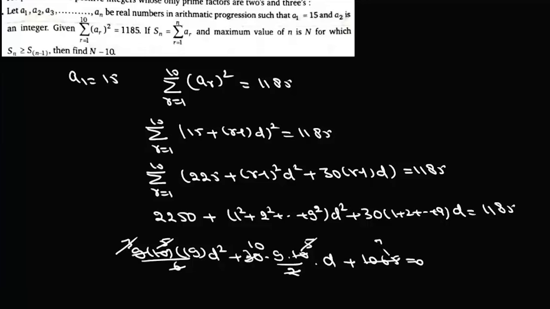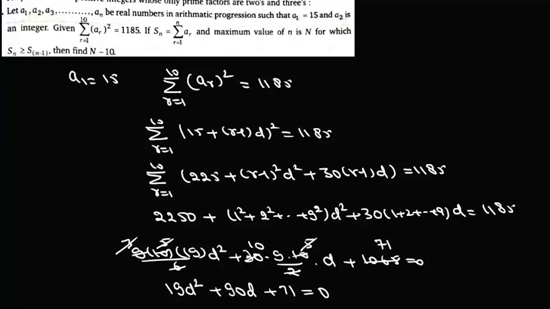This is 71. So we'll get this equation as 19d square plus 90d plus 71 equals 0.